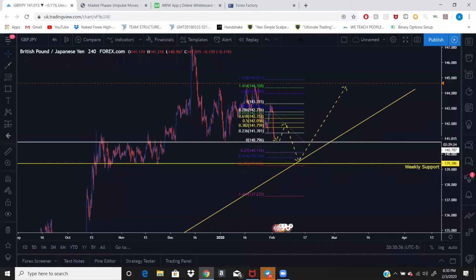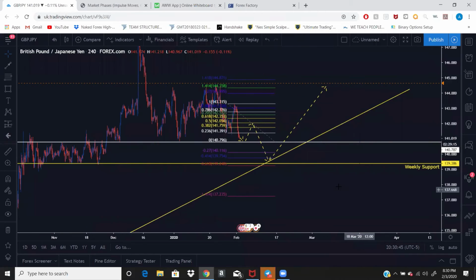So another leg down on UJ and GJ, and then it's gonna be a longer term buy. I don't know if you guys see the same.